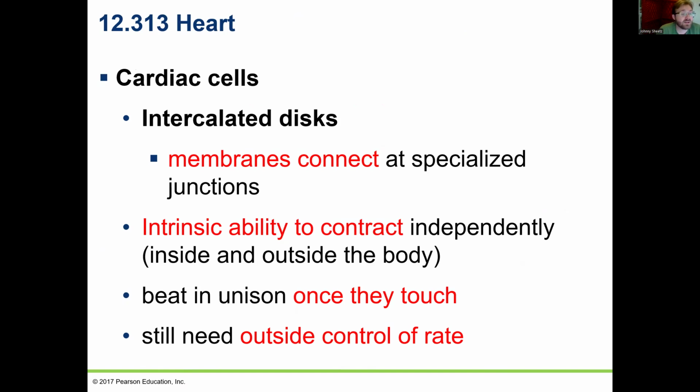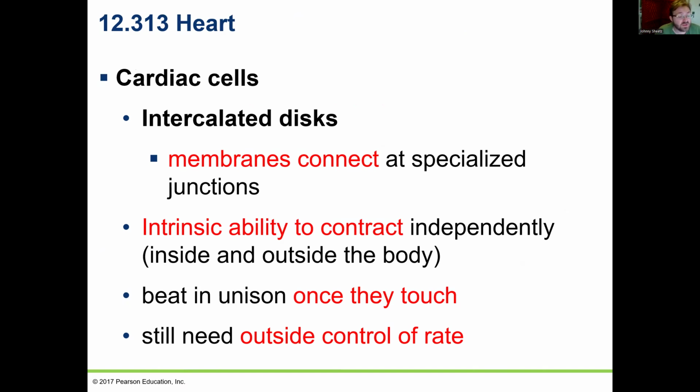Now, cardiac cells include what are known as intercalated discs, which are connective membranes at certain junctions. These cells possess the intrinsic ability to contract independently, inside and outside of the body. However, they will always beat in unison as soon as they touch each other.